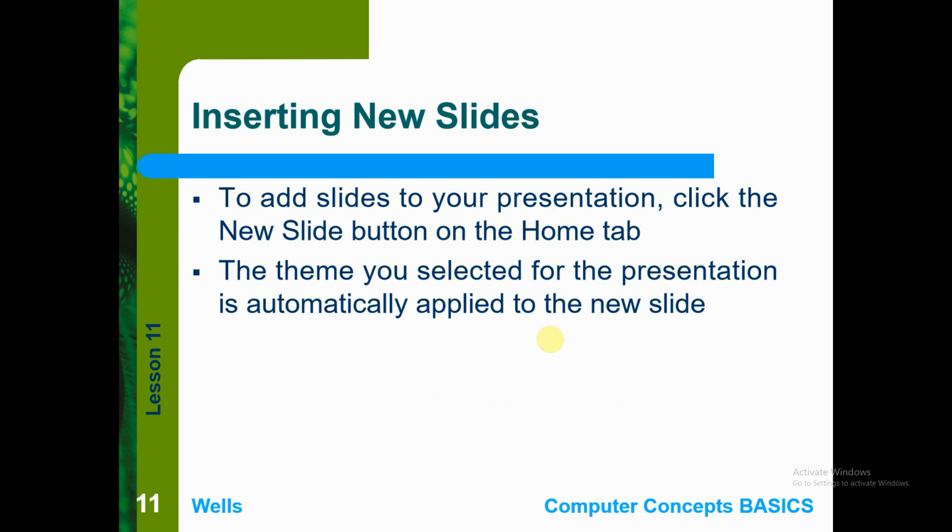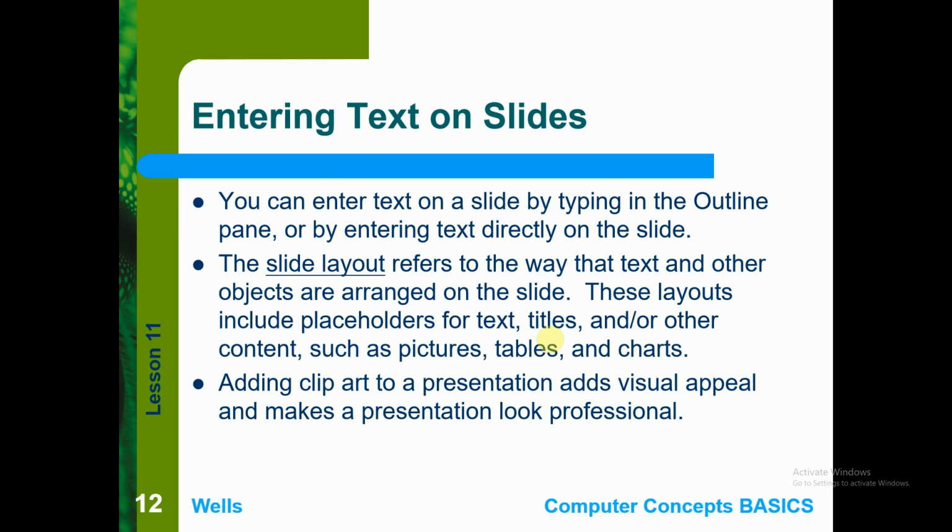In certain slides, you can use the add new slide button, and the theme selected for the presentation is automatically applied to the new slide. Again, for entering text, you can use the outline pane or enter it directly on the slide. Usually the placeholder, the text box, is where you put the text input or content for your slide.